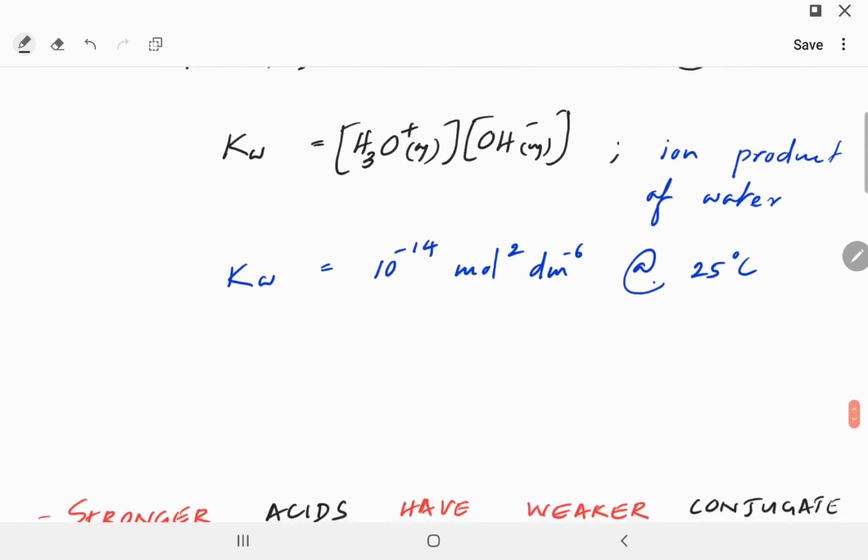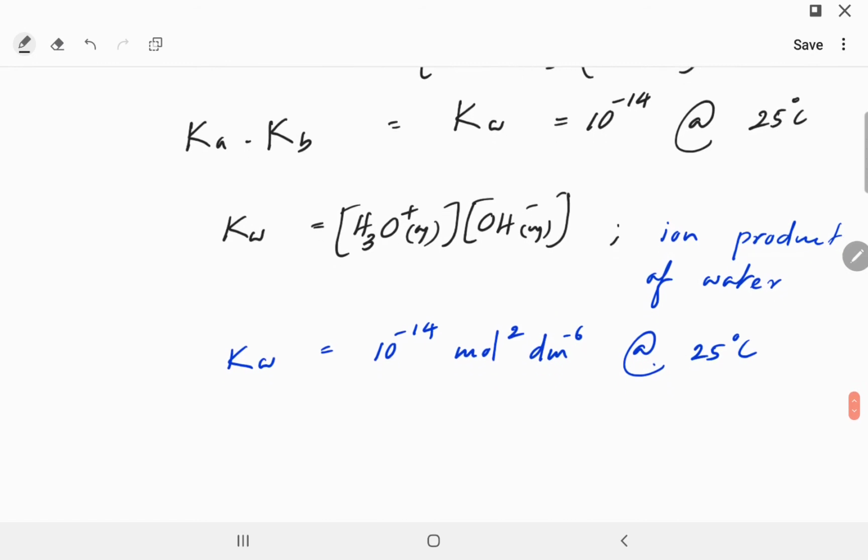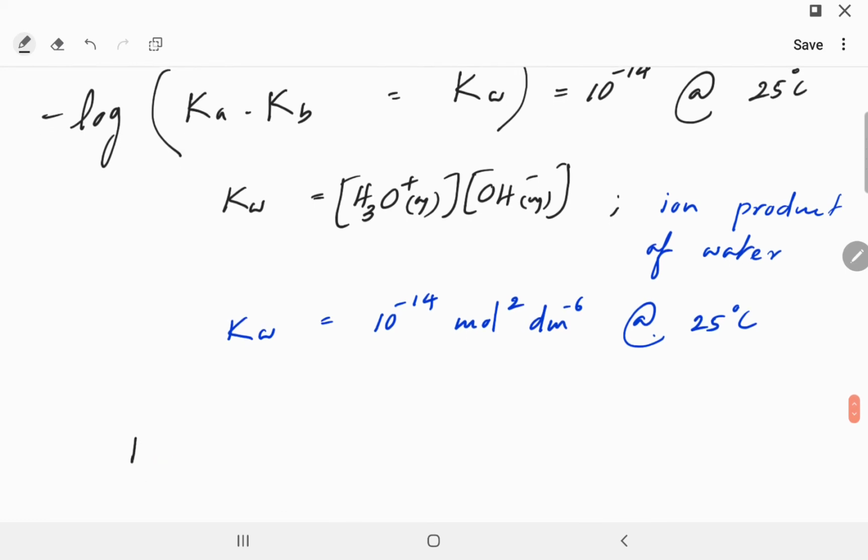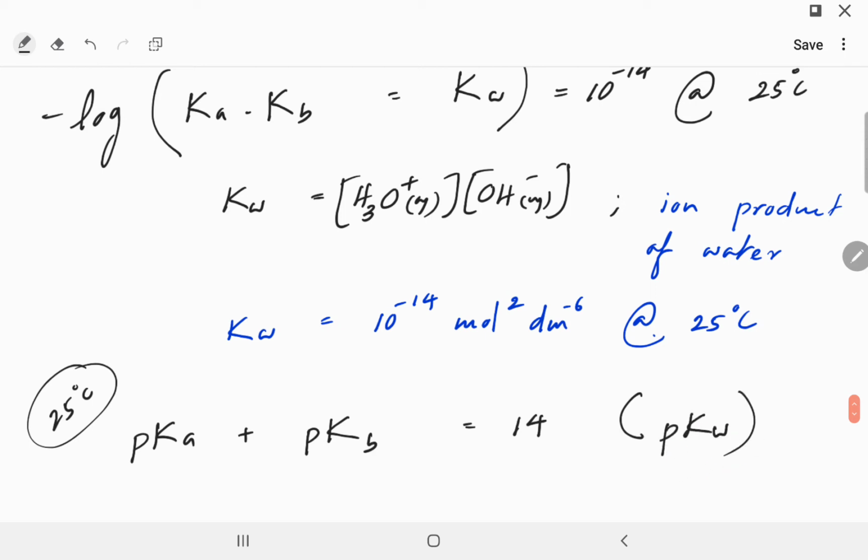Why is this relationship important? Let's take the minus log of this whole equation. If you do that, you get pKa plus pKb equals 14 at 25 degrees Celsius, or you can say pKw, which is 14.